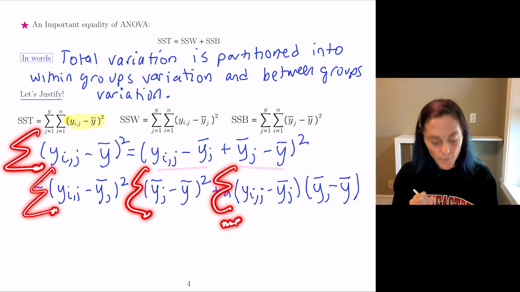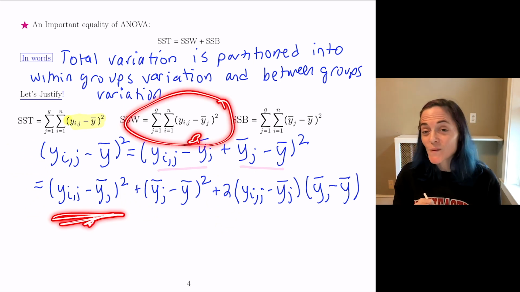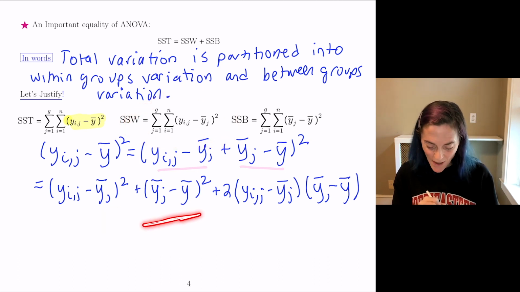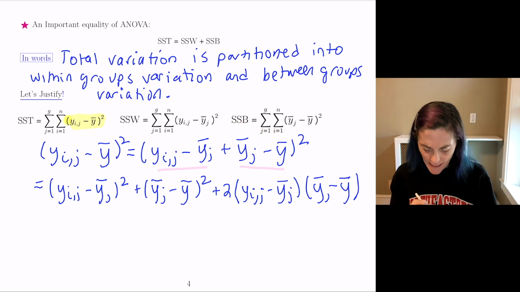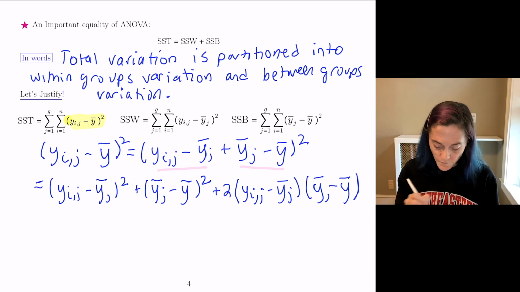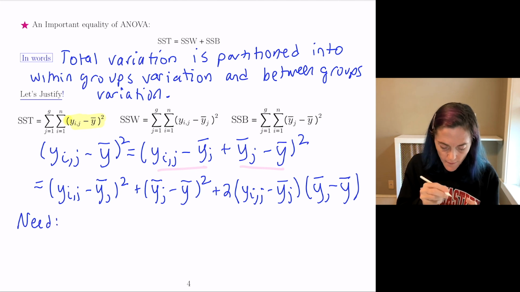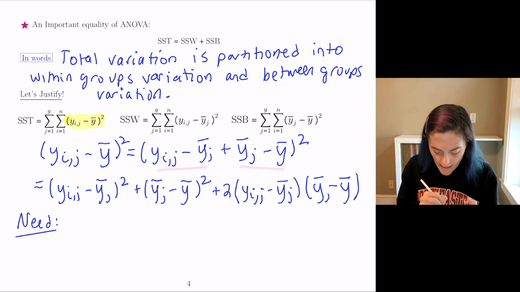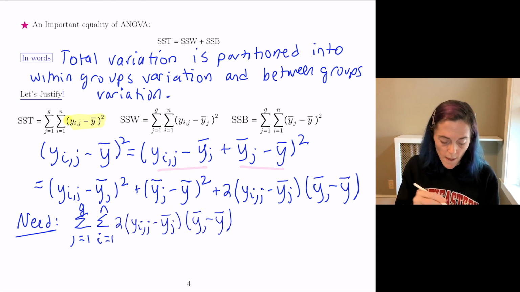You notice when I do that, this part gives me, aha, sum of squares within. And this part gives me, aha, sum of squares between. But the question is, what about this? So what I need here is if I add j equals 1 to g, and then i equals 1 to n of this, we get 0.